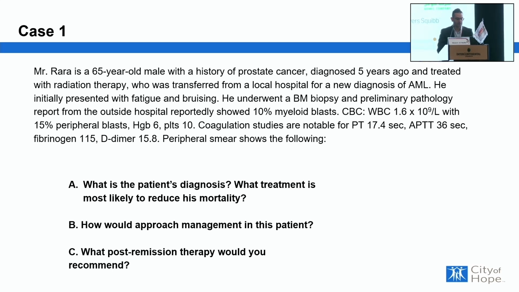Repeat biopsy done here indicated increasing blast, and WBC was 1.5. Platelets were 10,000, and coagulation studies showed prolonged PTT, low fibrinogen, and increase in D-dimer. This peripheral smear shows this, and as we are all aware, Auer rods, and the diagnosis is made for APL.